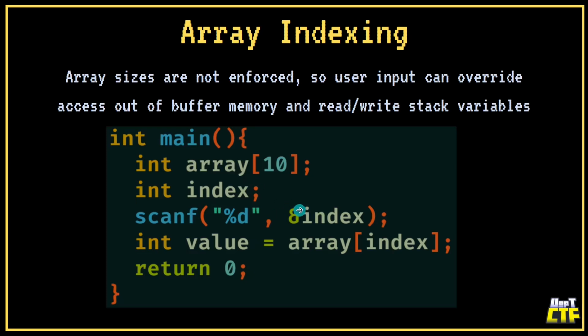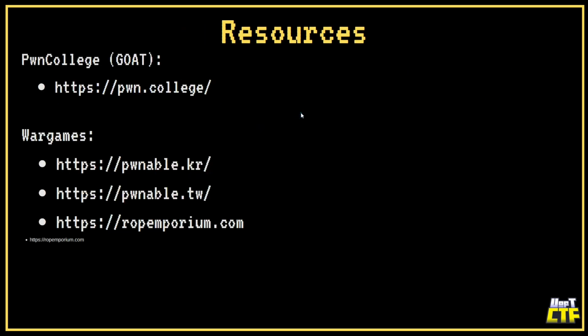You can have an index like 5 million, and you might get a segmentation fault, but if it was a smaller value, like 18, you could write after the buffer that you should be allowed to, and overflow into something else as well. So that's everything that we had to cover today.